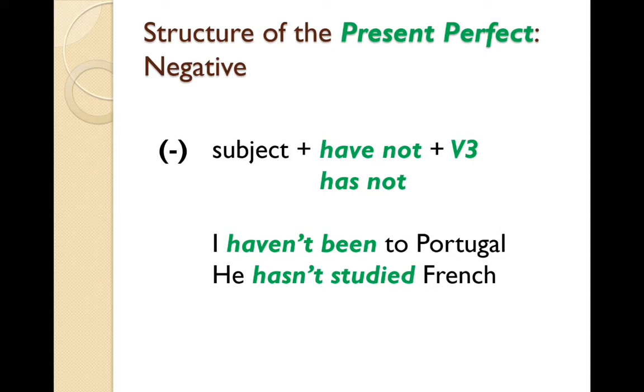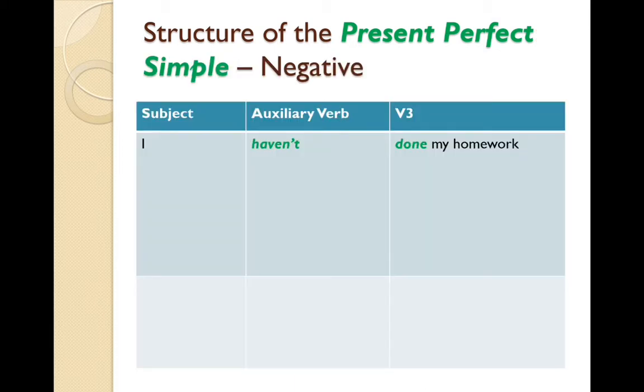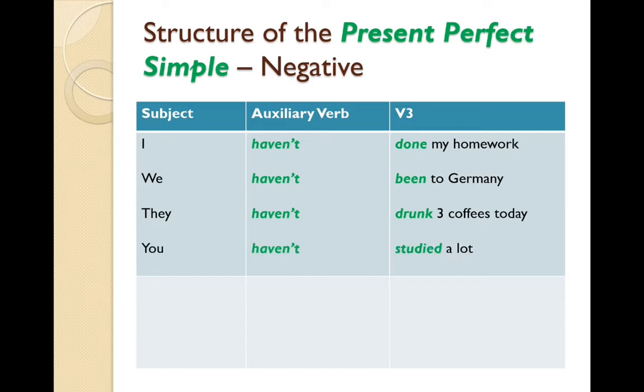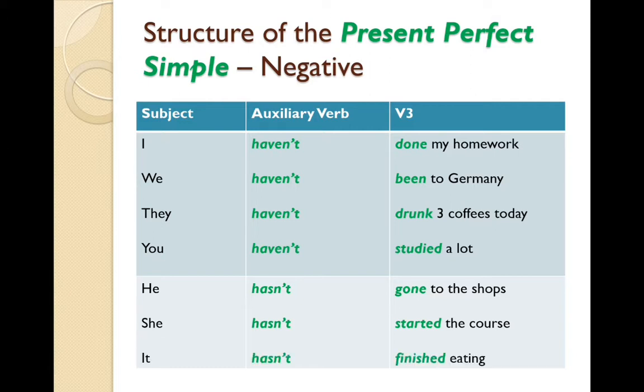He hasn't studied French. I haven't done my homework. We haven't been to Germany. They haven't drunk 3 coffees today. You haven't studied a lot. He hasn't gone to the shops. She hasn't started the course. It hasn't finished eating.